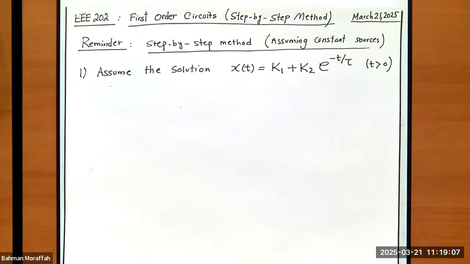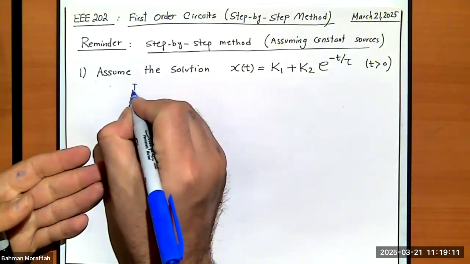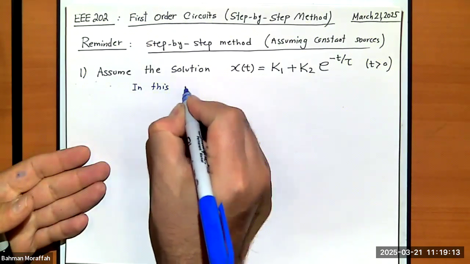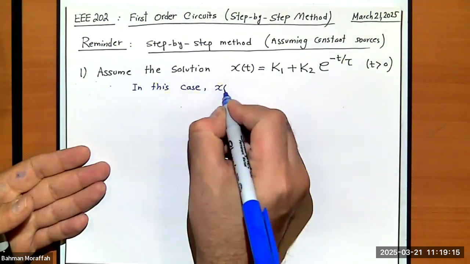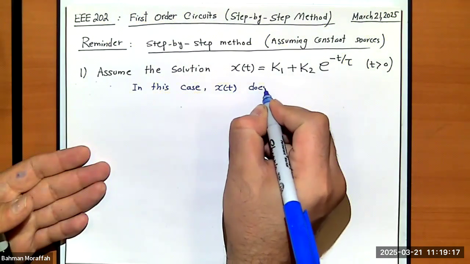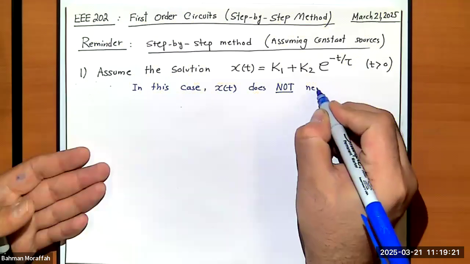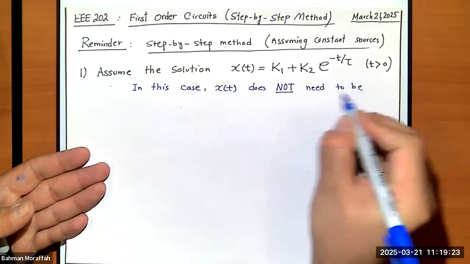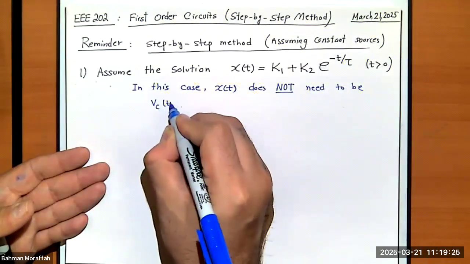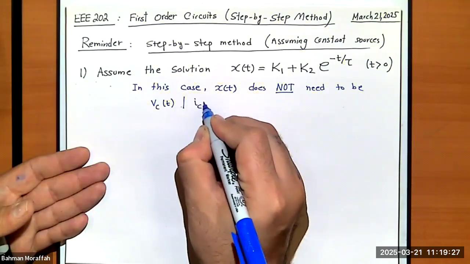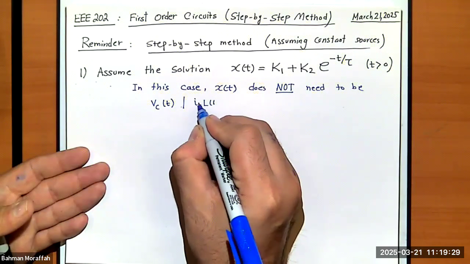So let me quickly note down: in this case, x(t) does not need to be voltage across a capacitor or current through an inductor.